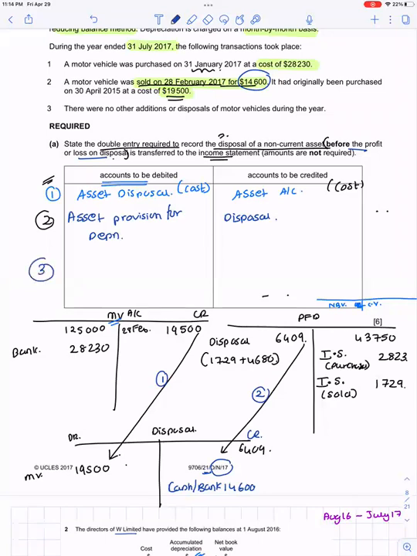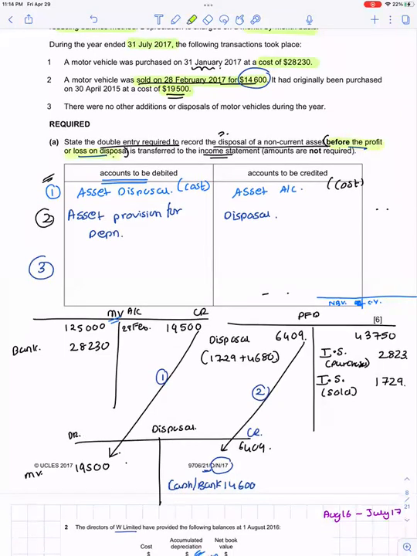So how much have you sold your asset for? Read it: state the double entry required to record the disposal of non-current assets before the profit or loss on disposal.